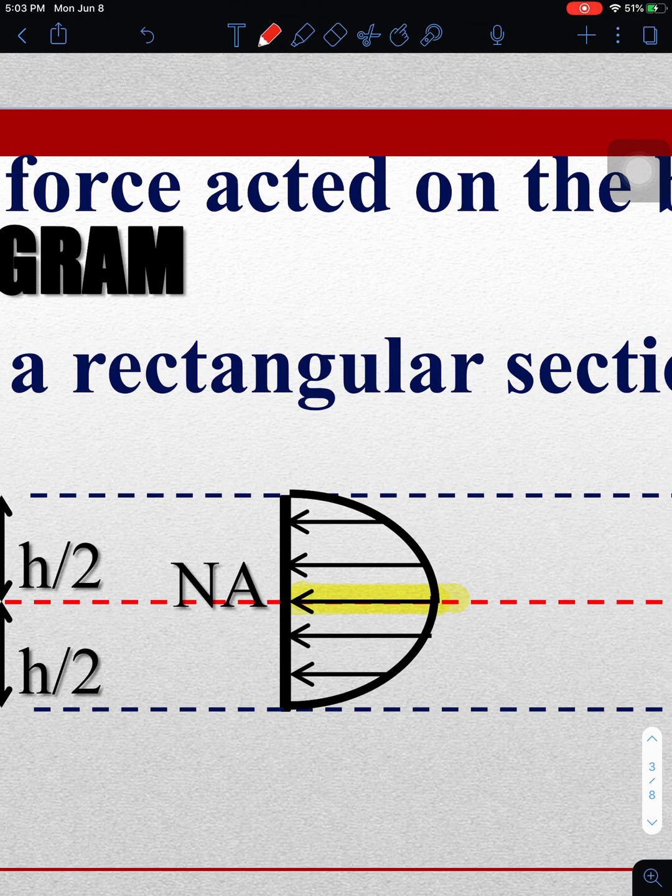Here in horizontal shearing stress, for a homogeneous section, meaning one material only, the maximum horizontal shearing stress is found at the neutral axis.